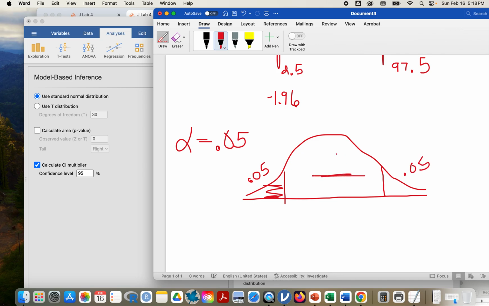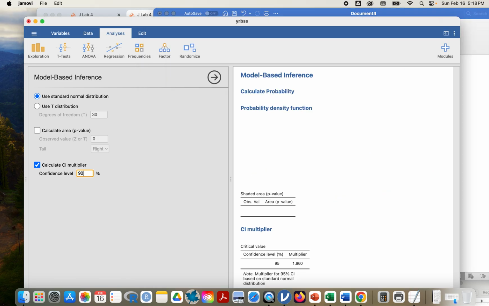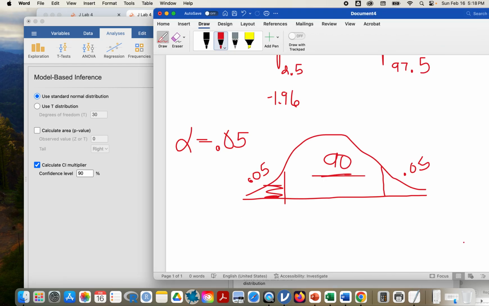And then what's in the middle would be 90%. So I change this to 90, I hit enter, and I've got this 1.645. To the left of the middle, you'll have negative 1.645. And if your alpha were 0.05 and it was on the right-hand side, you'd be using positive 1.645.